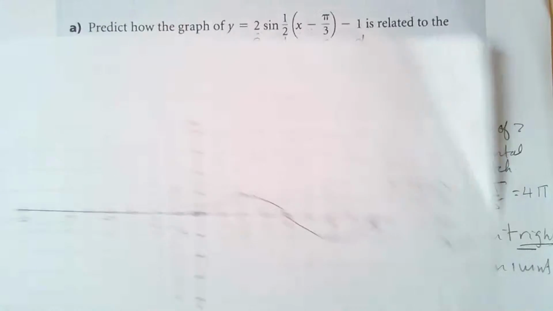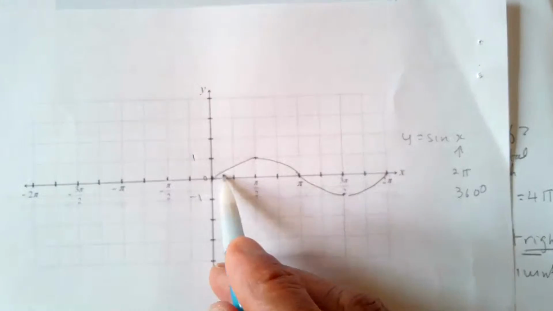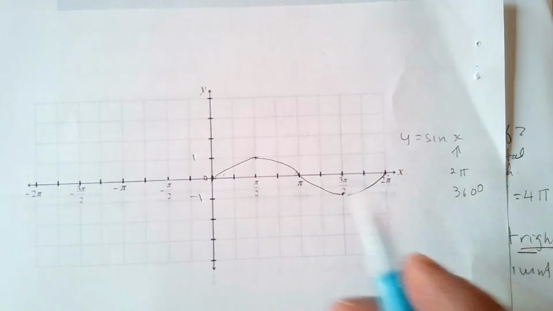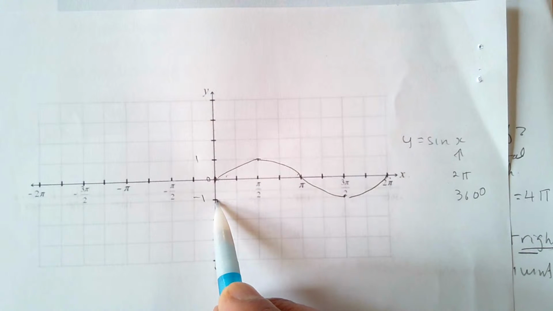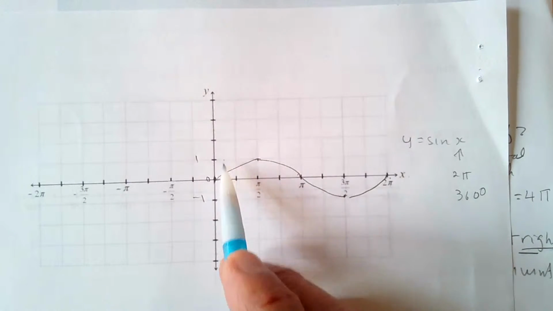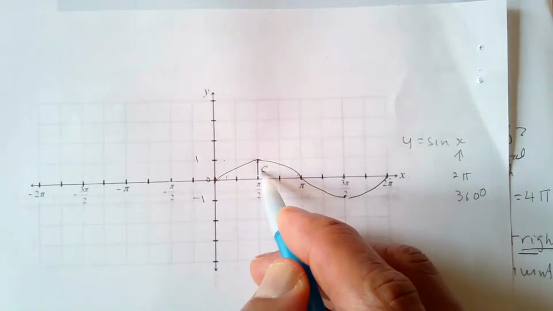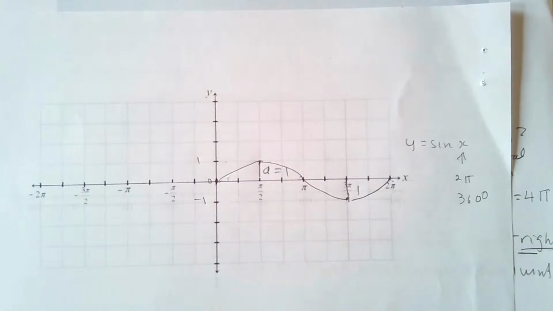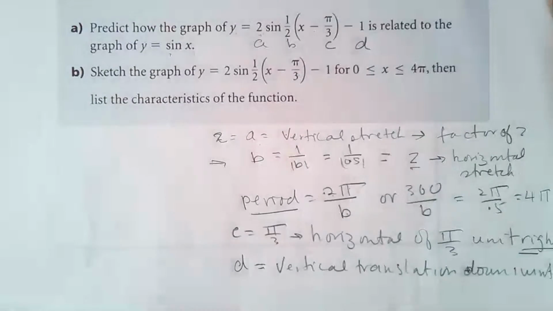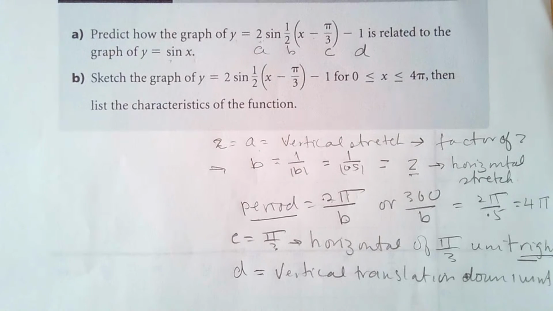So if you look at our regular sine graph here, here's one period. This will actually shift down 1 unit. The amplitude here is 1, and now we're going to double our amplitude. So that's how it's related.